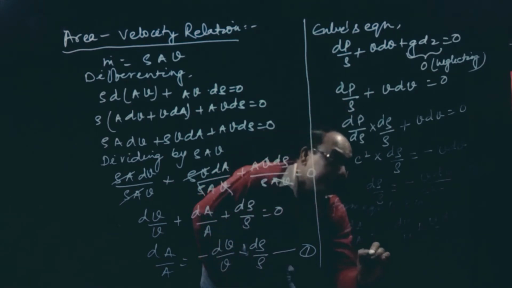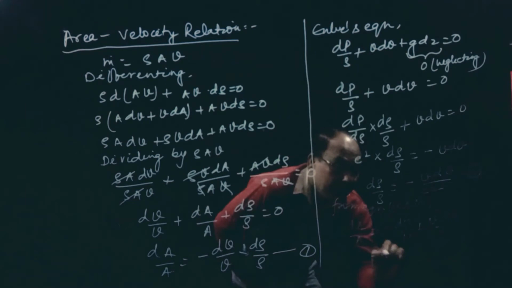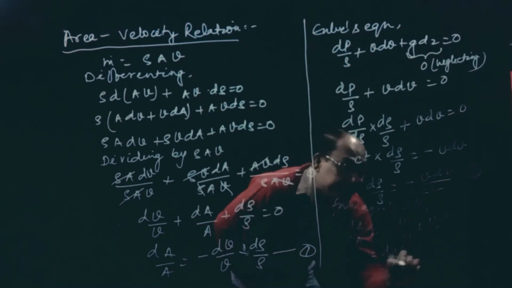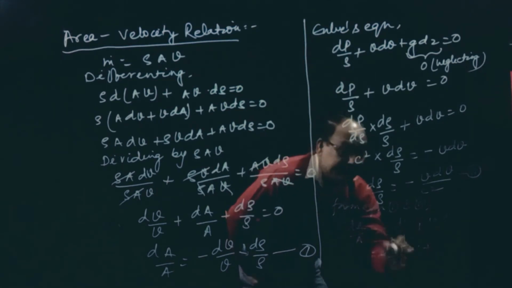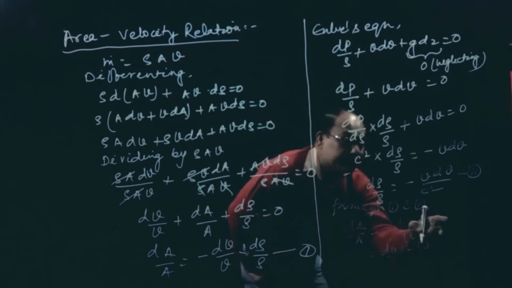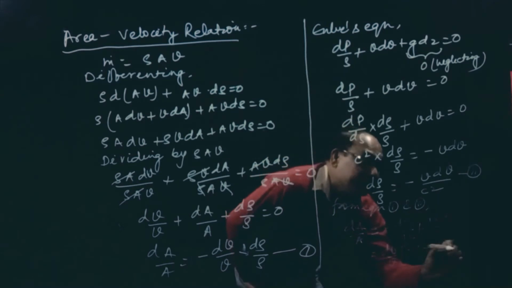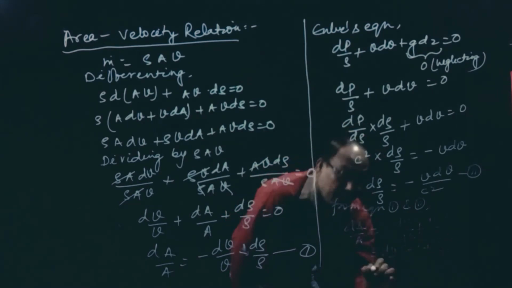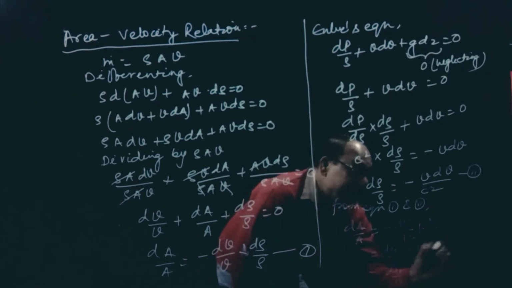If we take dV by V common, it will be minus 1 plus V square by C square, since dV is already taken out.